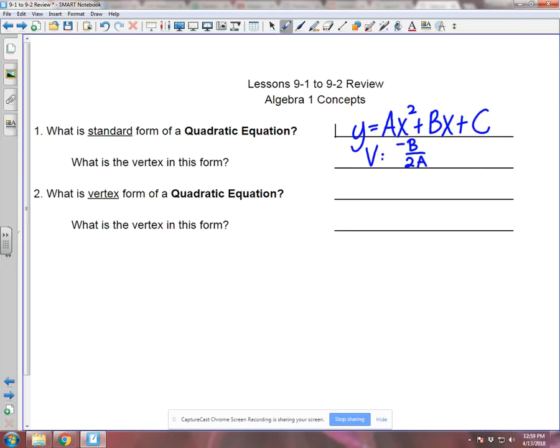Okay. What is vertex form of a quadratic equation? This one has parentheses in it, right?